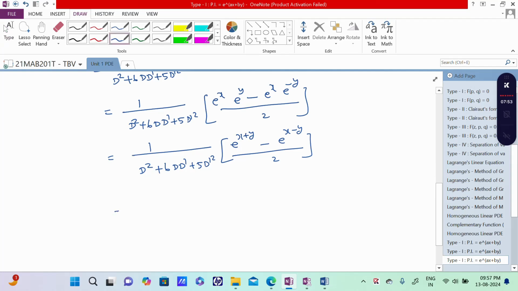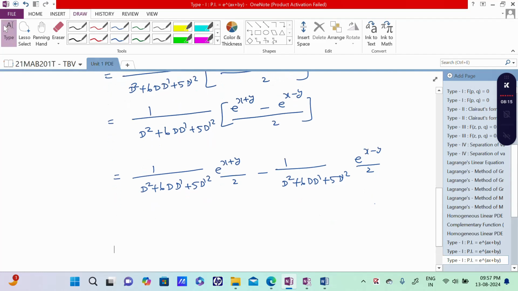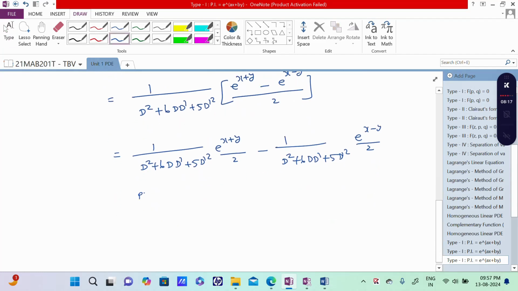So now how to write this? 1 divided by (D square plus 6D D dash plus 5D dash square) of e power x plus y by 2, minus 1 divided by (D square plus 6D D dash plus 5D dash square) of e power x minus y by 2. For the first case, as usual, put D equal to a, the value 1, and D dash equal to b, again the value 1.